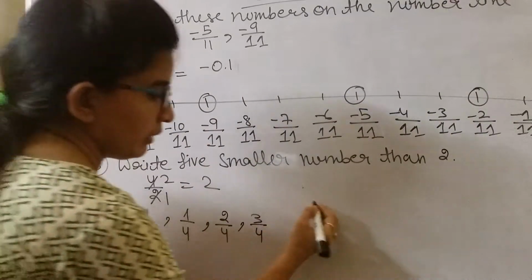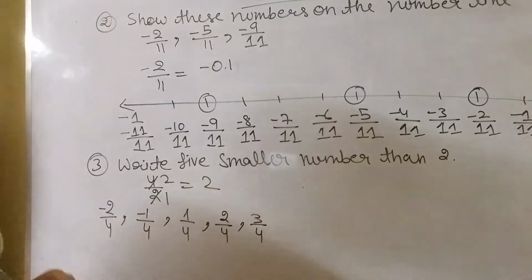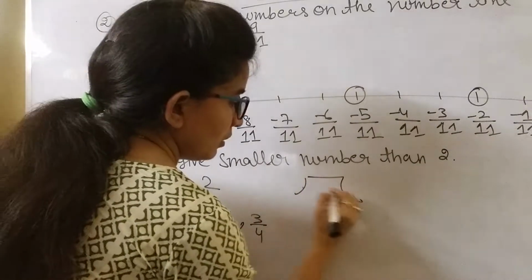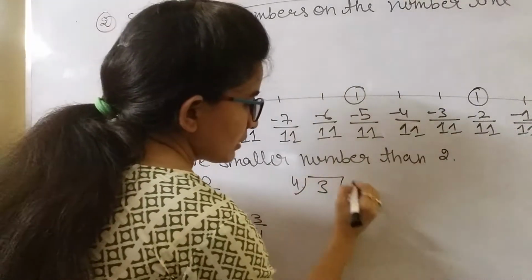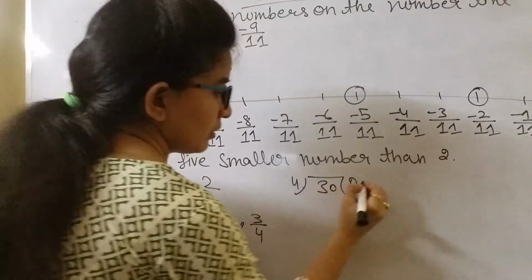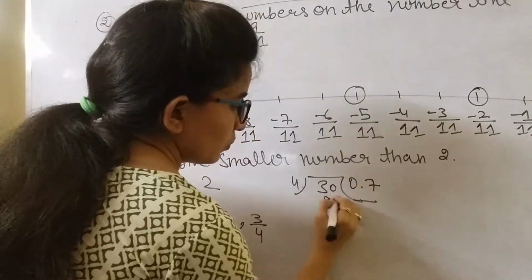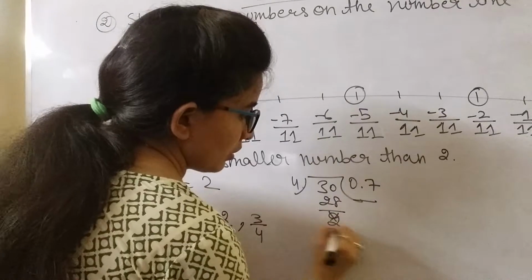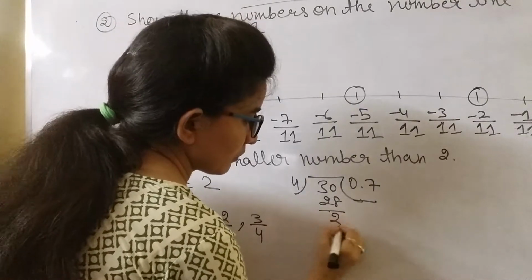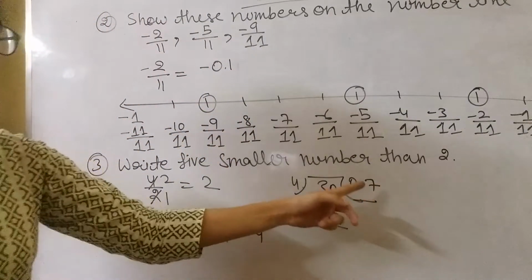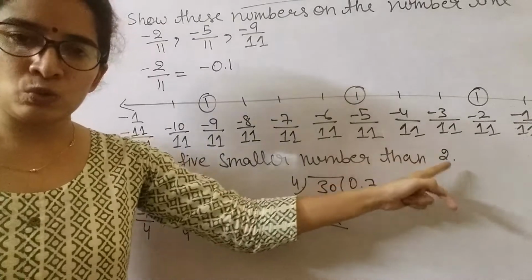3 by 4 will be 0.7, which is smaller than 2.